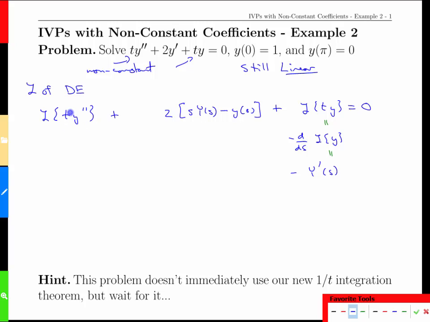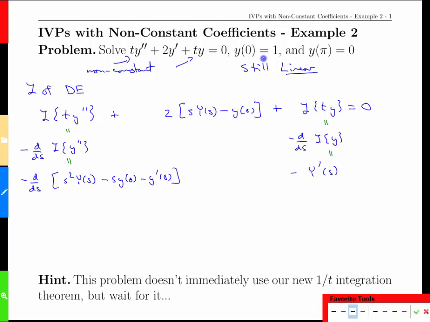The more complicated function is over here, but the same first step applies. We have a t multiplier, so our transform is going to be equal to negative times the derivative with respect to s of the transform of y double prime itself, and that we can calculate: it's s squared Y(s) minus sy(0) minus y prime(0).